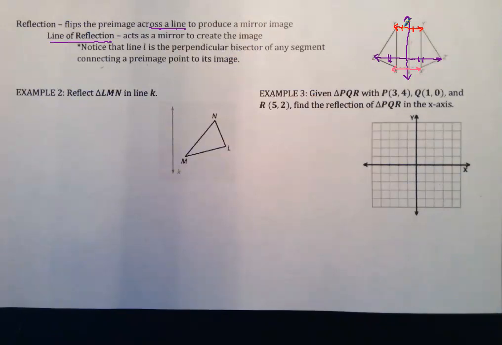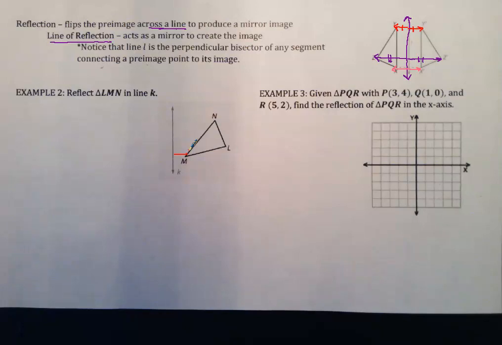Which means, in example 2, it says reflect LMN in line K. So we're going to reflect it over line K. We need to measure. You need your ruler. You're going to put your ruler up there and measure. It doesn't matter what unit you use, as long as you're consistent with it. So if I put it up there and measure, my M on the board is 3 centimeters from here to here. But mine is enlarged, so yours would be smaller.